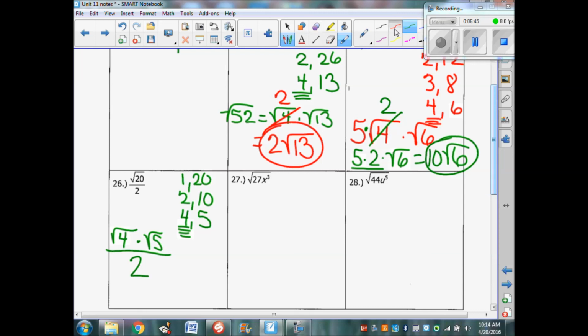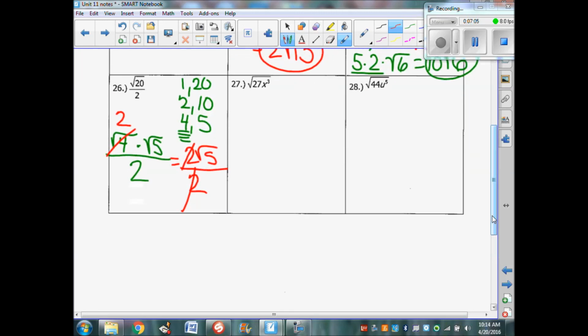You know that the square root of 4 is 2. So I'm going to rewrite 2. We leave the square root of 5 alone. I can't do anything with it. Divided by that 2, and now I've got a fraction that I can simplify. 2 divided by 2 is just 1, but my answer is not just 1, my answer is 1 square root of 5. 1 square root of 5, or you can just say square root of 5.